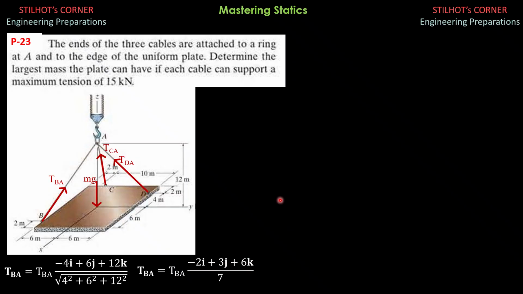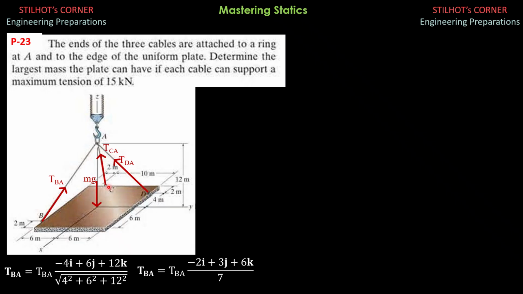Next, for tension CA, it is going forward along X by 6, so 6i, along Y to the right, that distance, which is 6 minus 2, positive 4j, then upward positive 12k.